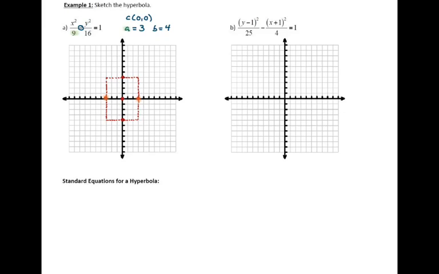So the quickest and easiest way to draw these asymptotes is using this box that we drew. The asymptotes will always go through the center and actually through the corners of our box. So we can draw two diagonal lines going each direction through the center and through the corners of our box.